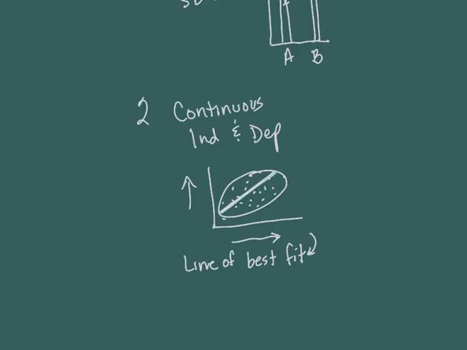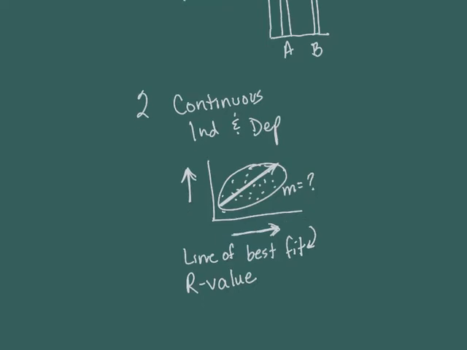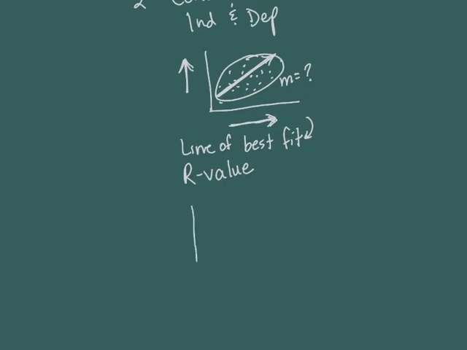There's your best line. And you're finding what is the slope of it, and that tells you what is the relationship between the x and the y variables. And then you're also saying, what is the r value? And the r value is how well values stick to the line. If you had something that looked like this, then your r value would equal 1.0.